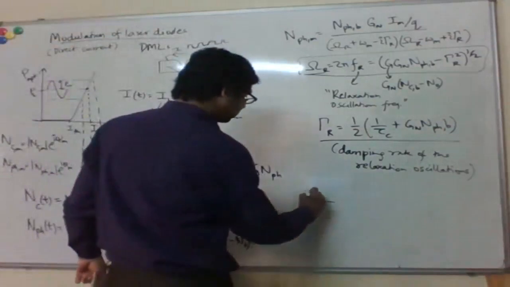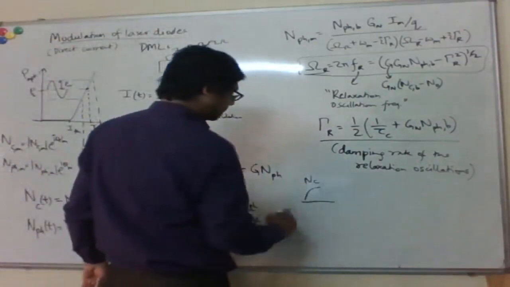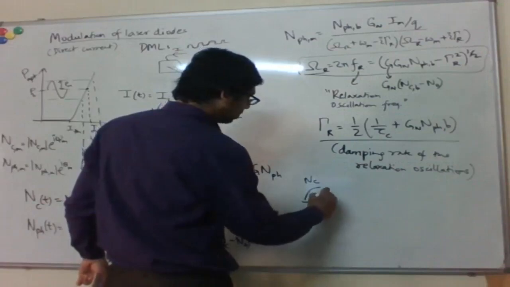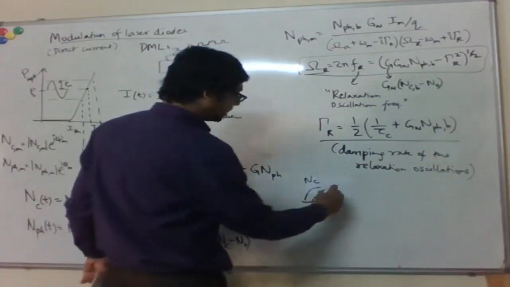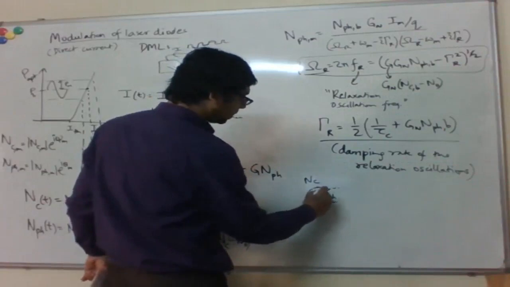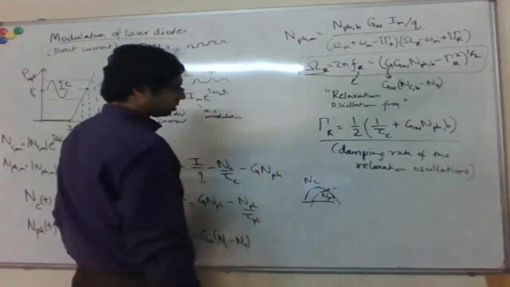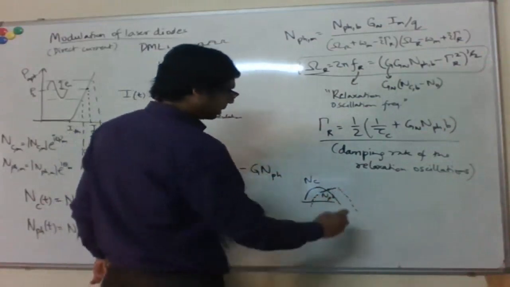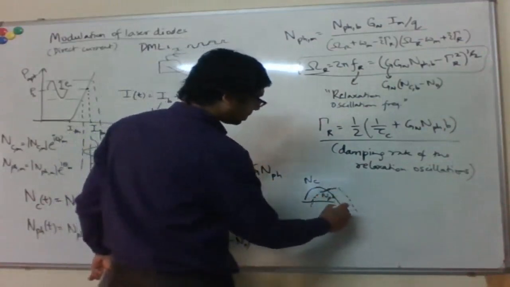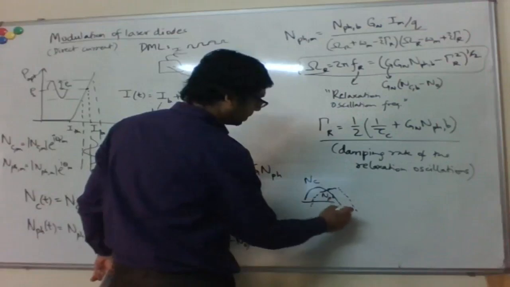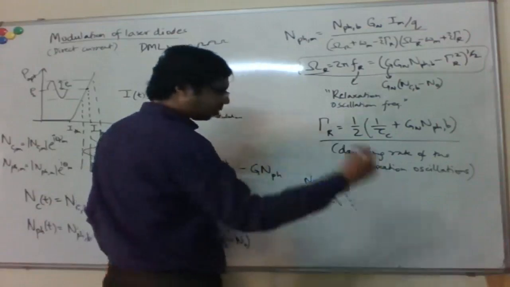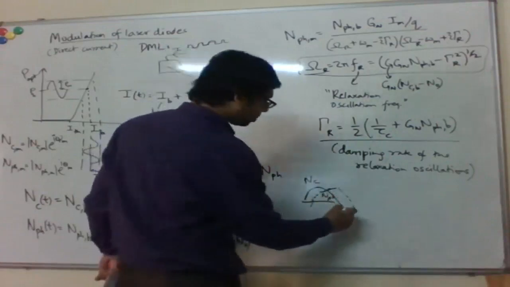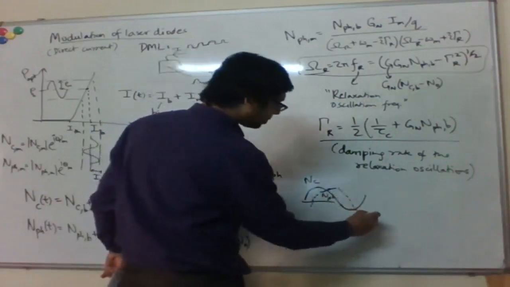So first the carrier concentration increases, following that the photon number increases. But now this increase in the photon number causes the carrier concentration to drop, which causes the photon number to drop again. But when the photon number drops, the stimulated emission rate goes down, and now the injected carriers are not being recombined, so the carriers start back up again, and then the photon number.